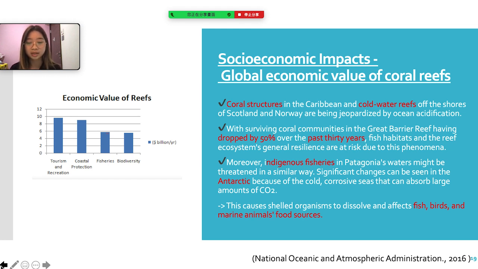Fish habitat and the reef ecosystem's general resilience are at risk due to this phenomenon.